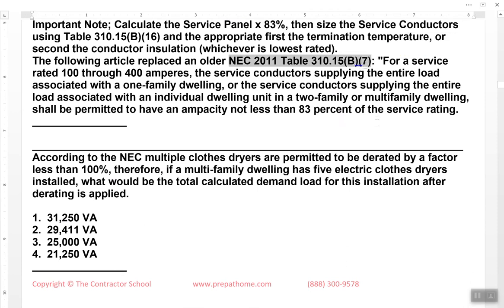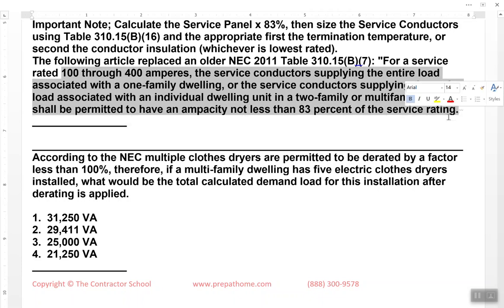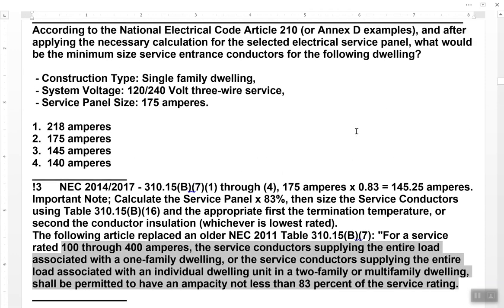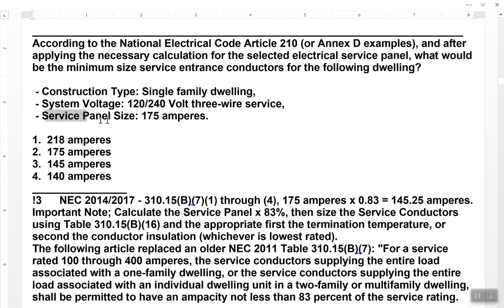What it said was, for a service rated 100 to 400, the service conductor supplying the entire load associated with one family dwelling, or the service conductor supplying the entire load associated with an individual dwelling unit in a two-family or multifamily dwelling, shall be permitted to have an ampacity not less than 83% of the service rating of the panel. So what we need to do in this case is know what the panel size is, and there it is. The service is a 175 service.